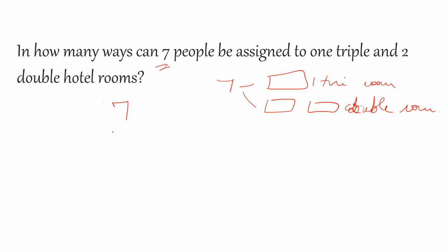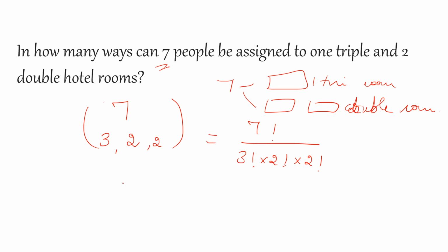How many ways? 7, and we have 3, 2, 2. So 7 factorial divided by 3 factorial into 2 factorial into 2 factorial ways.